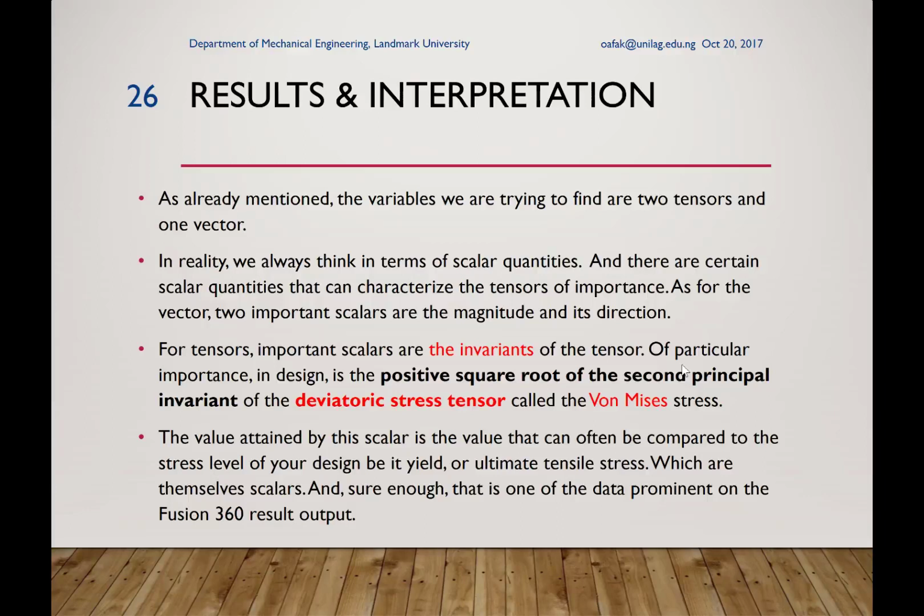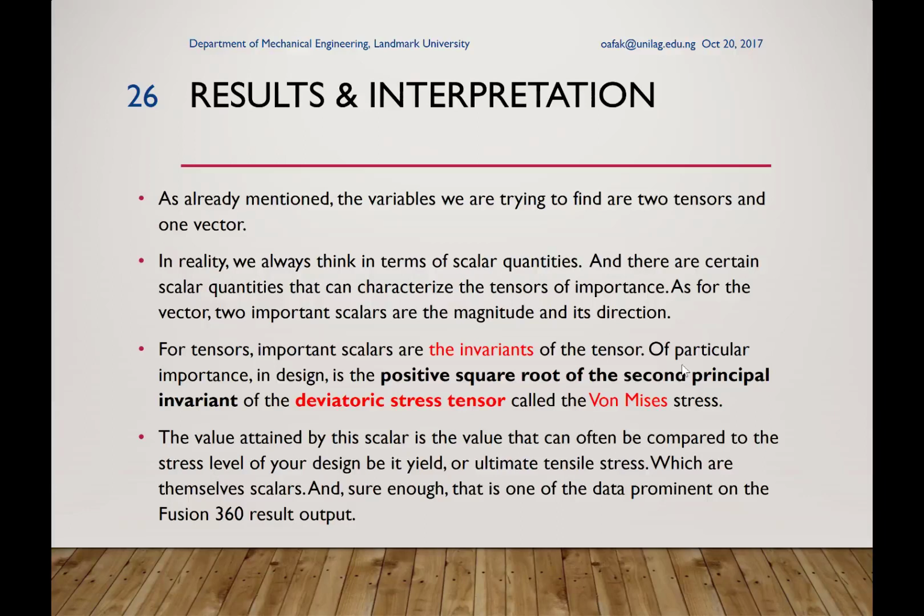Once you know those two, you know everything you need to know about the vector. Similarly, the tensor quantities are such that if the proper scalars are known, everything important about those tensors is known. For a typical tensor, these are three scalars, and they are called the invariants of the tensor. There are several ways of formulating the invariants of the tensor.